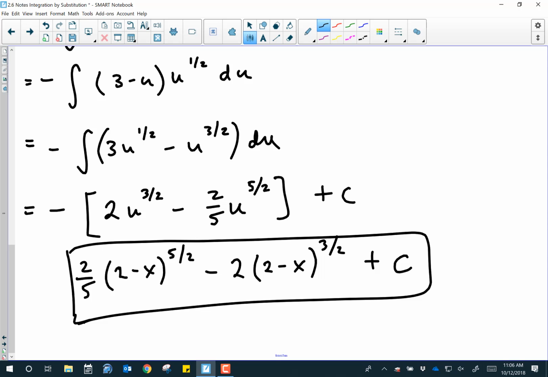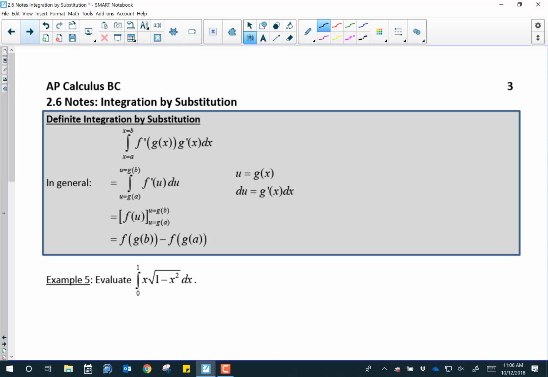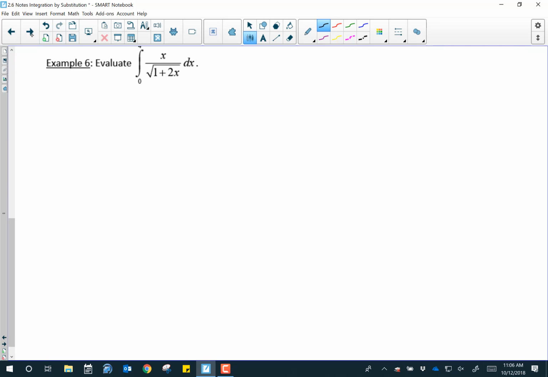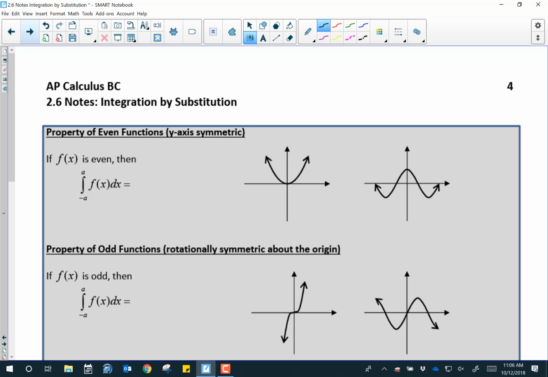All right, here's what we're going to do, guys. Here's definite integration by substitution. We're actually going to pause on that. I'm going to do that next class, so we can have a break, and it'll be a good review of substitution. But I do want to do a little bit more of the notes with you. So we're going to skip that, and come back to it.